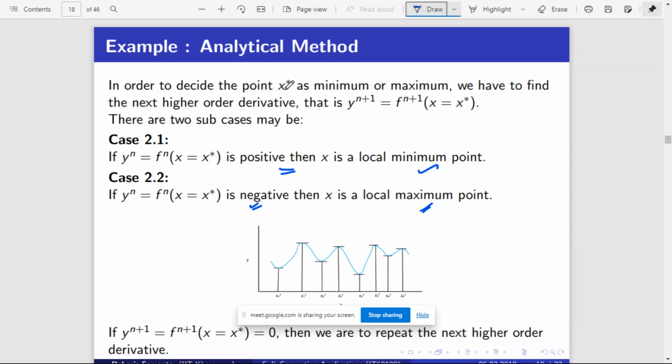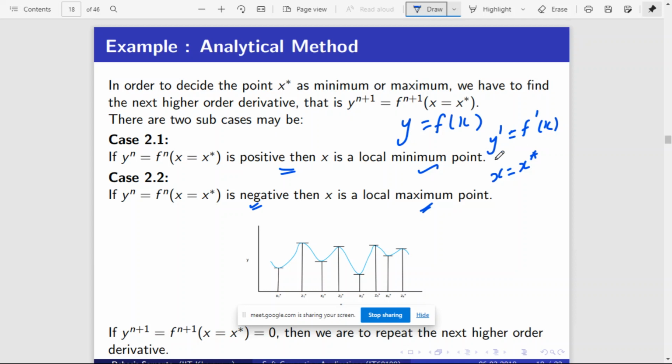Again, we are not going into the detail of this. Just understand that given a function y is equal to f of x, we take the derivative, that is y1 is equal to f dash of x, and then we check if there is any value x equal to x star such that this will give 0. If such an x is available, then for that x value there is an optimal value for this function.